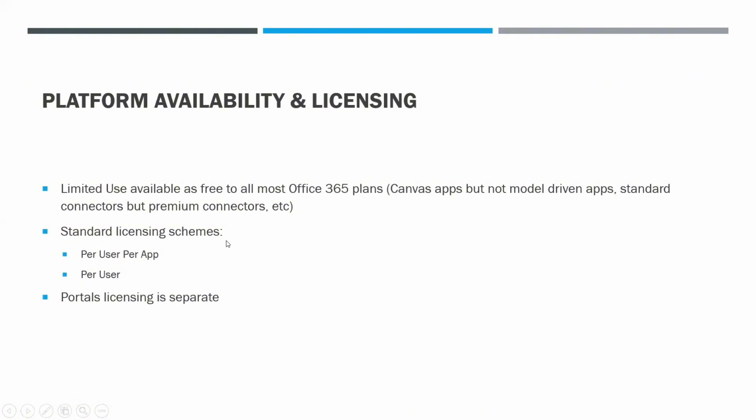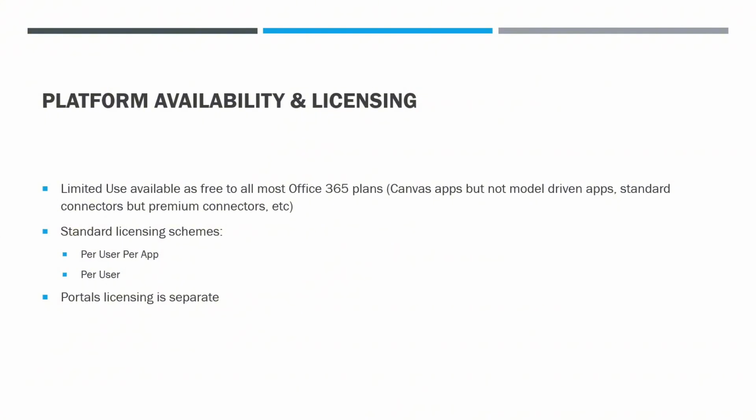And then there is the standard licensing mechanism as well. If you are not on 365 or you want to use the full range of Microsoft Power Platform features, then there are two types of licensing schemes. One is called a per user per app licensing scheme, and the other is called a per user licensing scheme. Per user per app means you want to use just one app, and there are 15 users for that app, so they will be spending a few dollars every month.